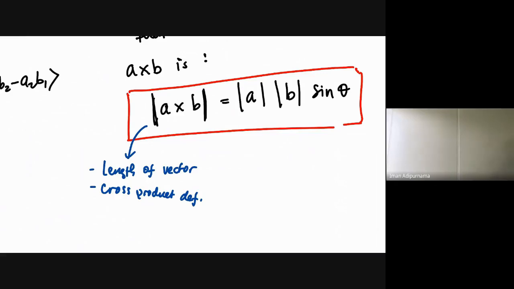After the cross product, we still have 12.5 and 12.6, equations of lines and planes, and also the quadratic surfaces. But I will not skip that, next week. Next week, 12.5 and 12.6. Maybe if we have time, we can have a simple exercise, and then we can go to reviewing chapters 10 and 11.